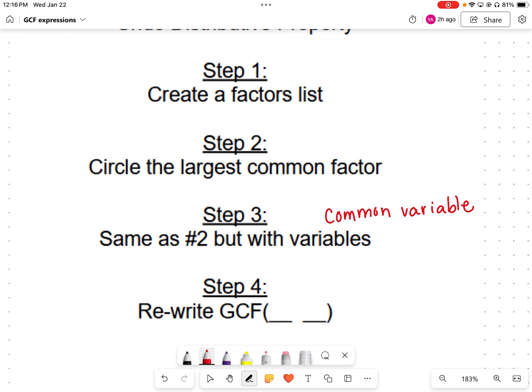So if they don't all have an x, then you can't factor it out. If they don't all have a y, you can't factor it out. If they all have at least an x, you can factor that out. And when you factor out your common variable, you're going to use the smallest exponent.